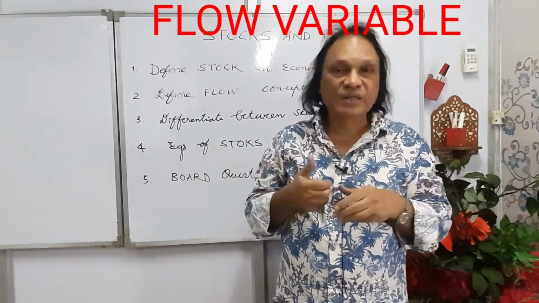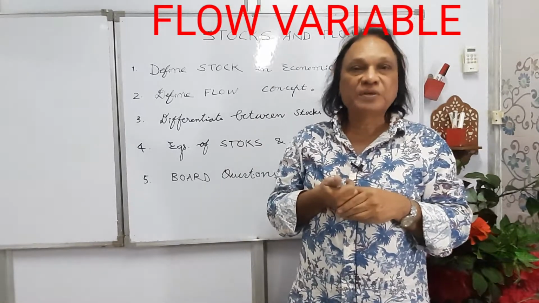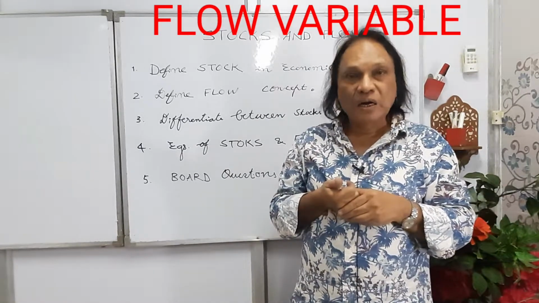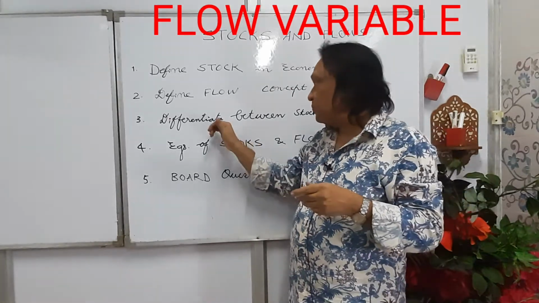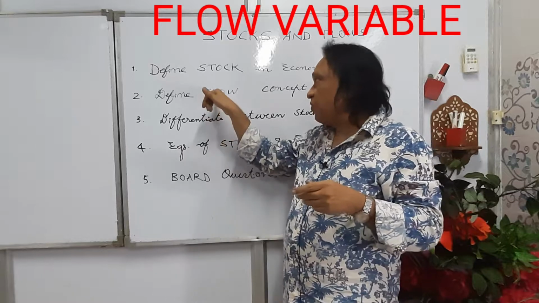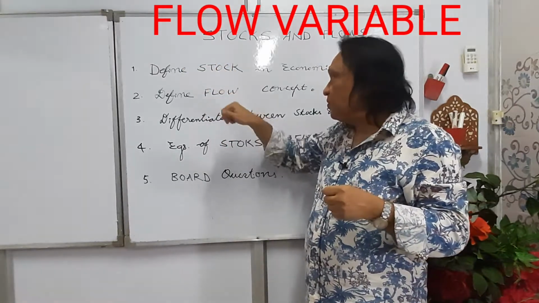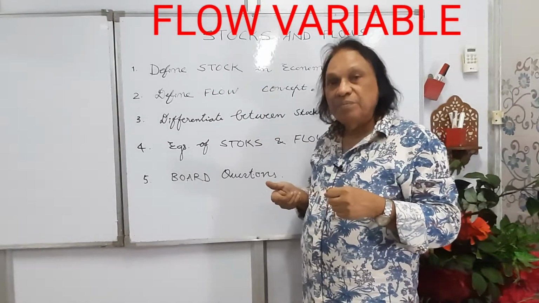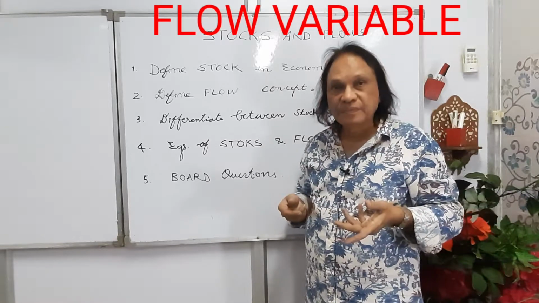These are all flow concepts. Why do we call it flow concept? Because GDP is measured in an accounting year, for 1 year. So stock is a quantity measured at a point of time. Flow is a quantity measured over a period of time.